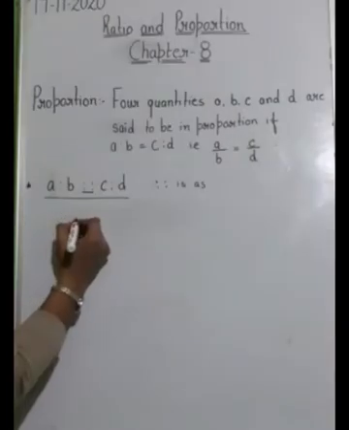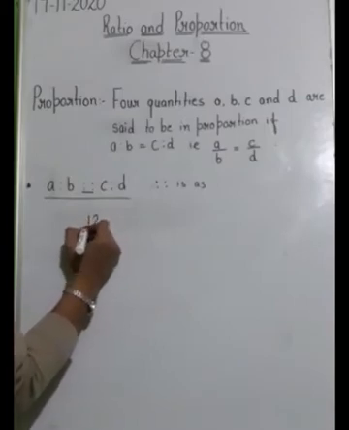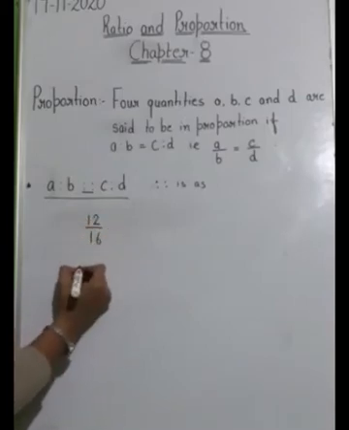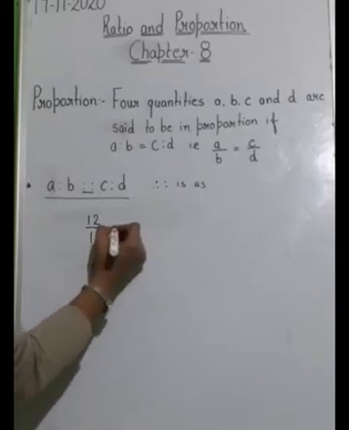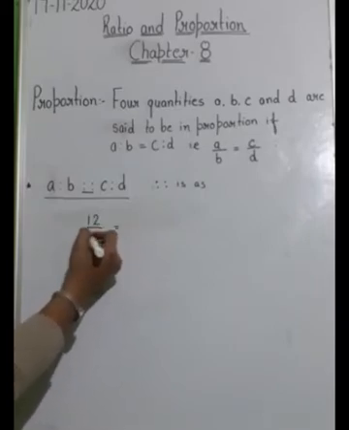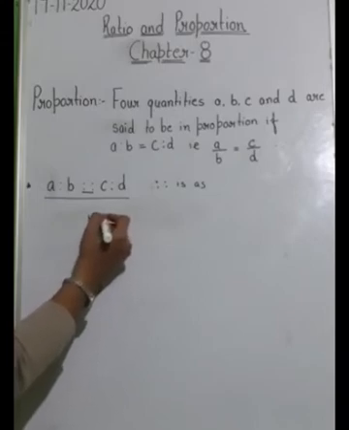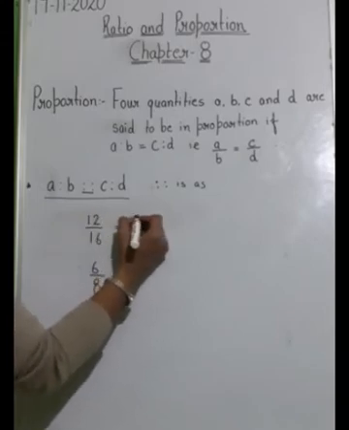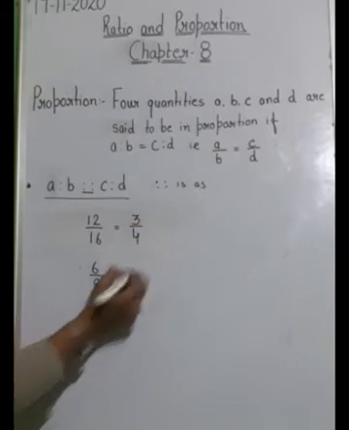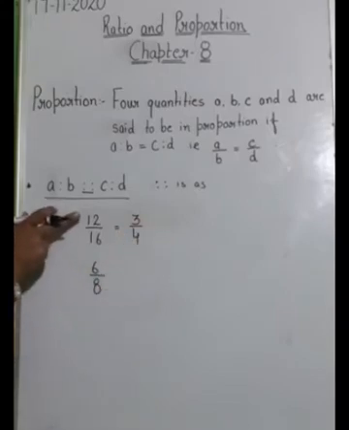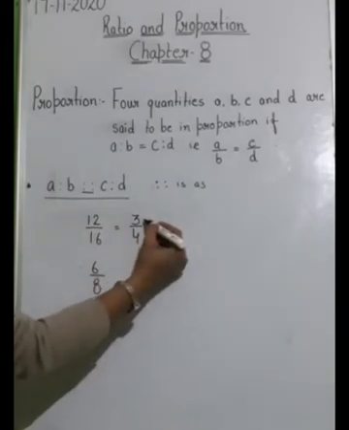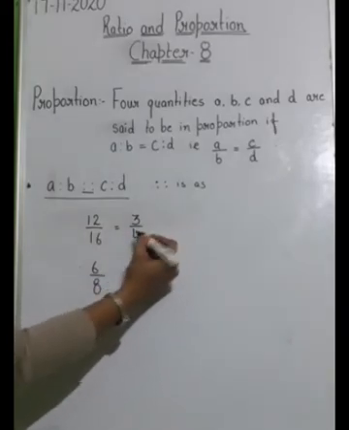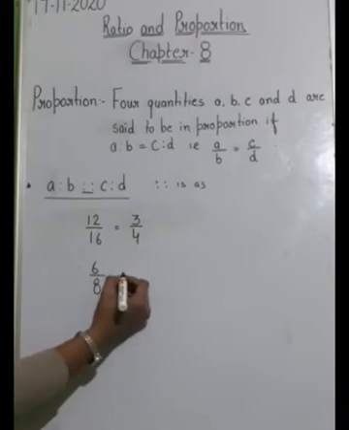Now I am taking two ratios. First I am taking 12 upon 16 and another I am taking 6 upon 8. Now reduce them to their lowest form. You will cut this by the table of 4. 4 3s are 12 and 4 4s are 16. After reducing 12 upon 16 to its simplest form, it is giving 3 upon 4. Now reduce 6 upon 8 to its lowest term.